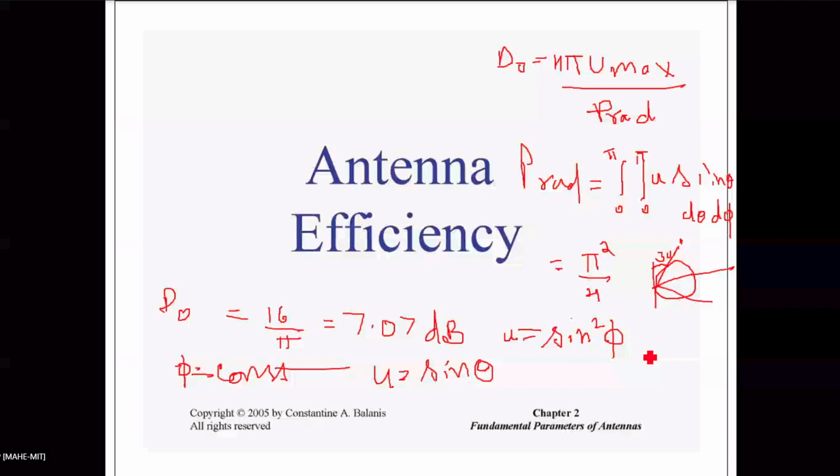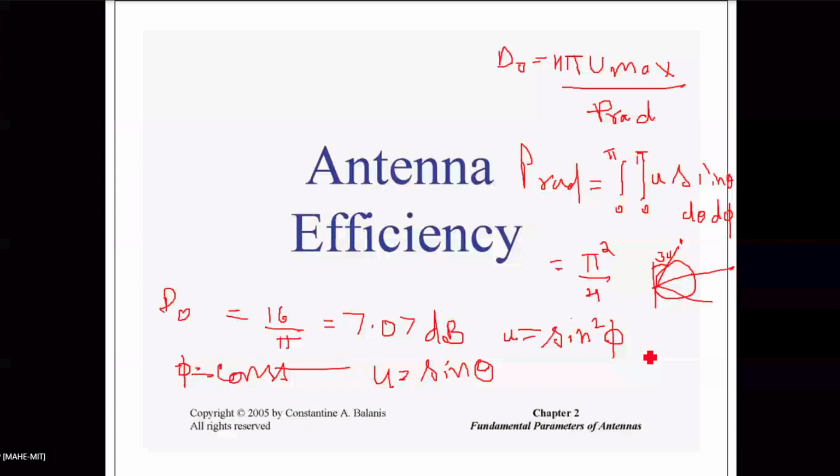Yes, sir. Okay. Now, the power radiated by a lossless antenna is 10 watts. Sorry, not this one, because I have not done that part. Let me just explain another problem.